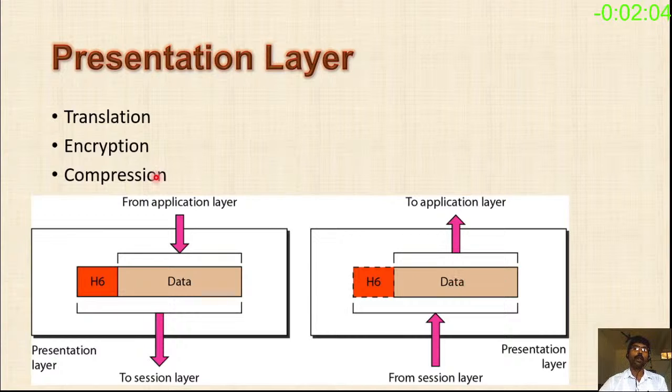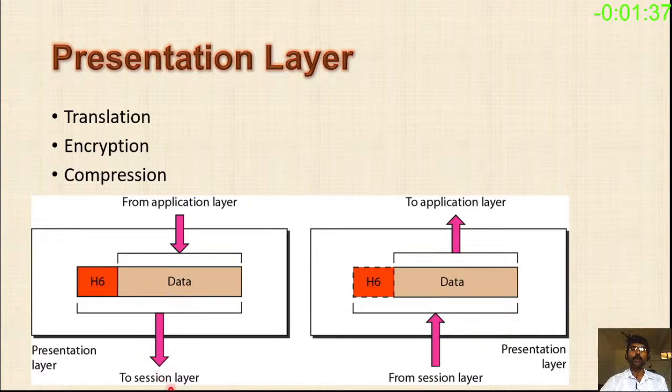The last one is called compression. In the compression technique, the data is compressed to a shorter format. For example, if you have 10 KB of data, the same data can be compressed to 2 KB and transmitted to the destination. Here it is decompressed back to 10 KB of data.